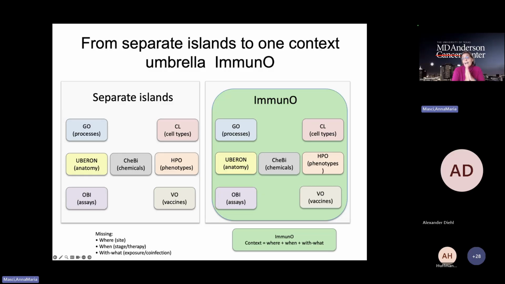Our idea is to create this immune ontology to work as an umbrella, where we will bring in all the terms that have already been developed in other ontologies so that they can be searched under one ontology, and at the same time create the specific relations that will represent the specific context inside this ontology.